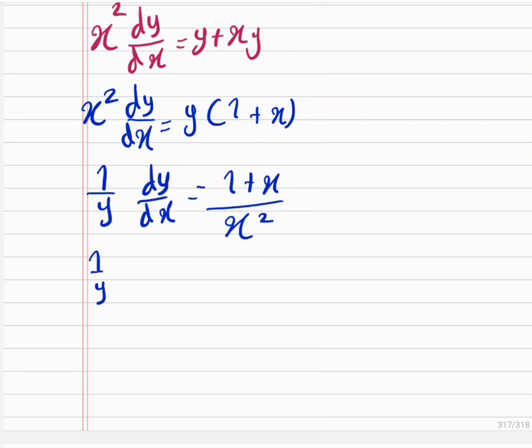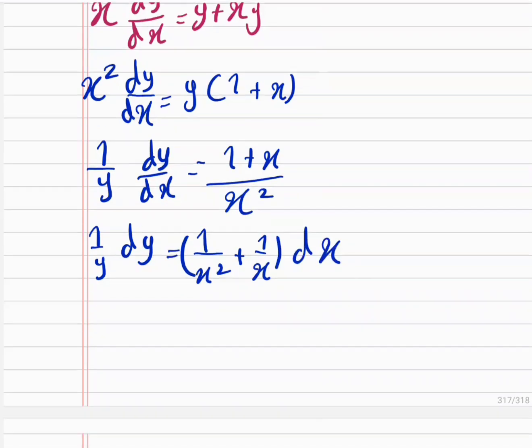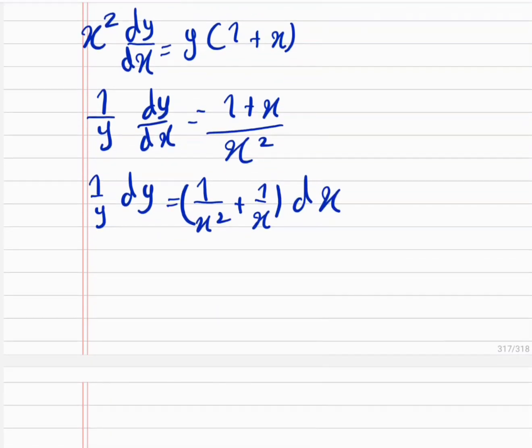So we get 1 over y dy is equal to, first of all, let's split this fraction, which becomes 1 over x squared plus 1 over x. And remember that dx goes there, like this. And now we can just integrate both sides. So the integral of 1 over y is just ln mod y.